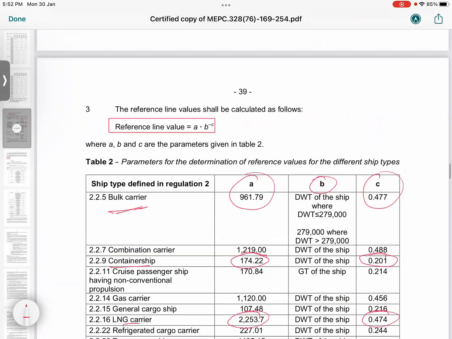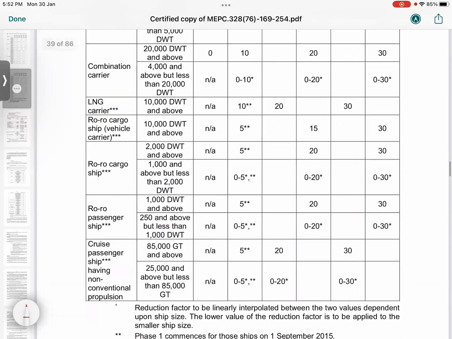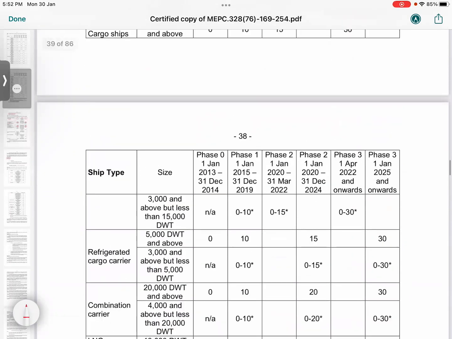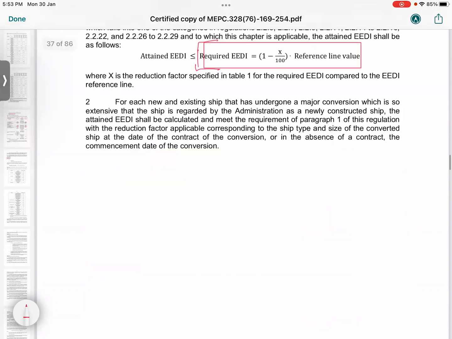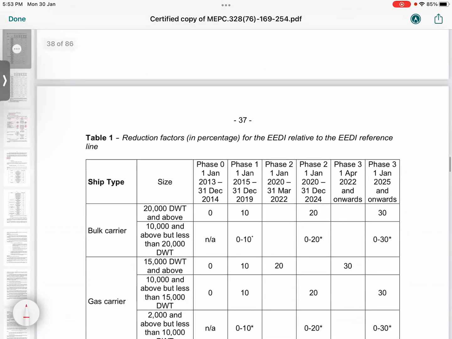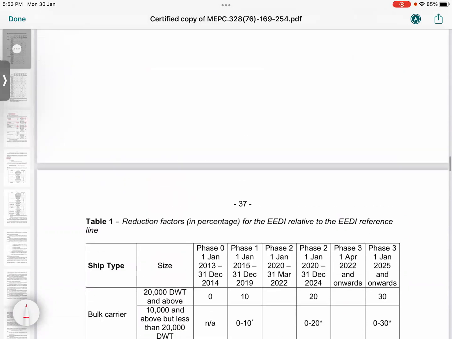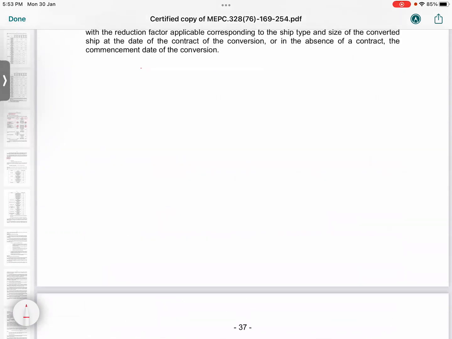Sir, in this, A and C, both of them are constant. Correct, they both are constant, because you know mathematics has a lot of constants. Now please tell me, when did EEDI first come into picture? 1st January 2013 was the date when EEDI first came into picture.